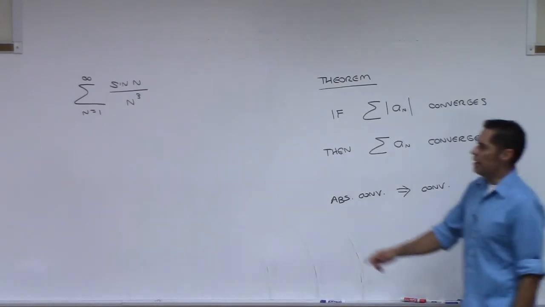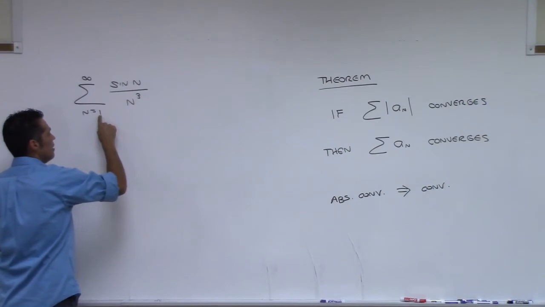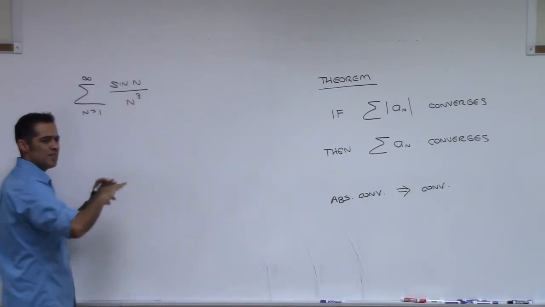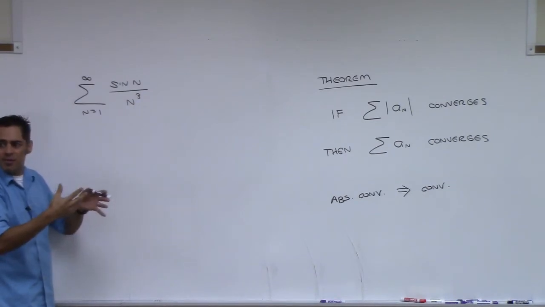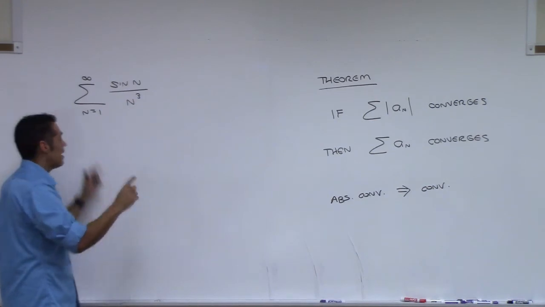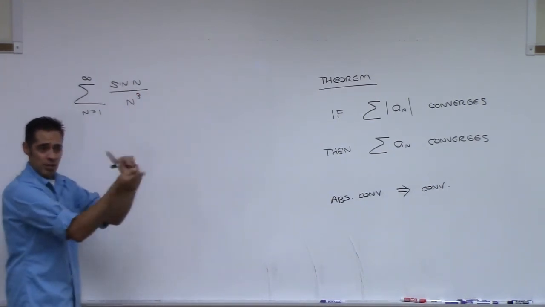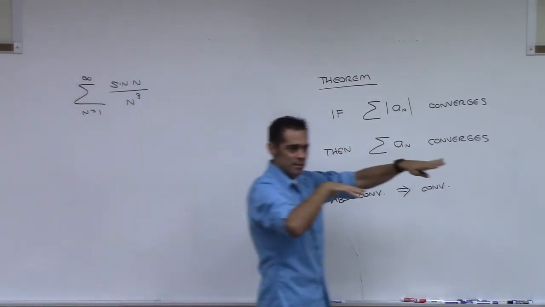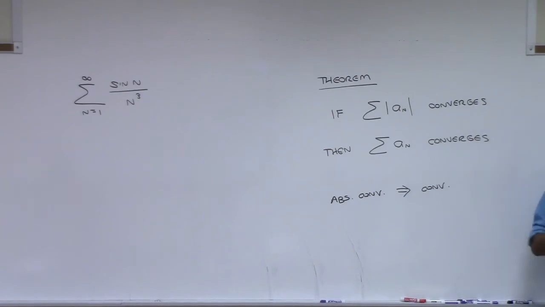I do agree that as we plug in different values of n, 1 and 2, and do sine on our calculators, we are going to get positive numbers and negative numbers. They are going to be different signs, but it's not going to be like at 1 it's positive, 2 it's negative, 3 it's positive. It'll be sporadic. Does that make sense? So this is not an alternating series, so you cannot use the alternating series test. Okay.